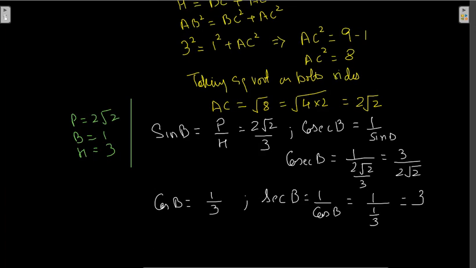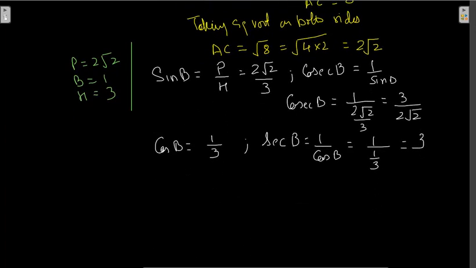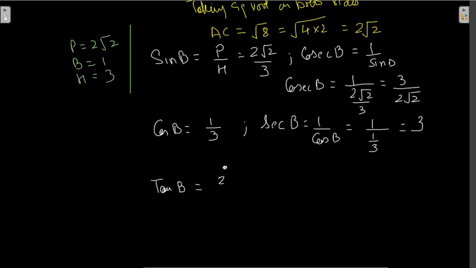Now third is the tangent. Tangent, again, you can follow the mnemonic that is perpendicular over base, or you can do sine b by cos b. So let's do it from sine b or cos b. What is sine b? Let's first write out what method we are going to employ.